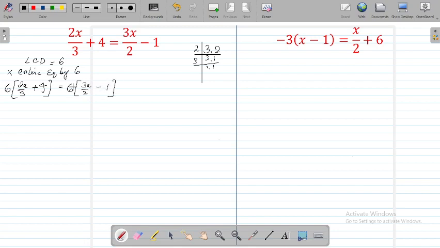So we have done one step. We have taken the least common denominator, and we have multiplied this entire equation, the left hand side and the right hand side, by 6.